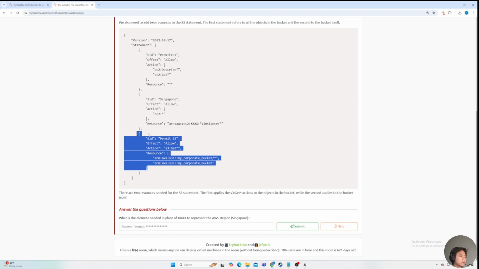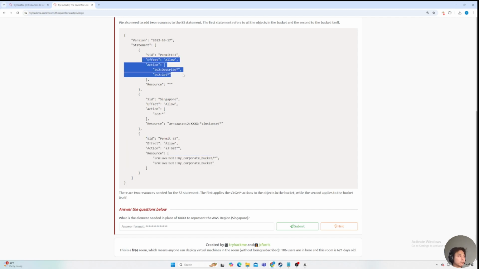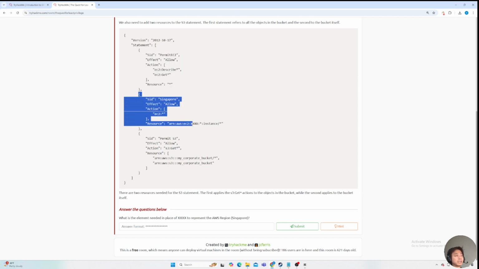So you may ask, why is it that for S3 we combine these two resources into one statement, one policy, but here we have two different policies for EC2? Well, that's because this one here is all the resources, and then this is the policy for the EC2 instances in the Singapore region. So this one is only applied for this specific region.